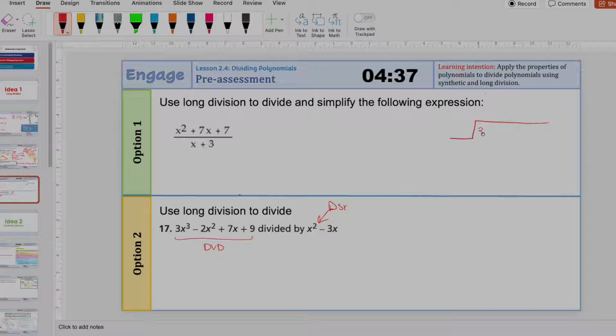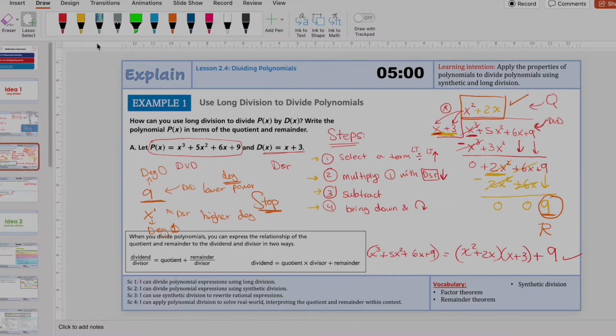Write down your dividend: minus 2x squared plus 7x plus 9 divided by x squared minus 3x, and then start dividing. Remember, step number 1, I'm just going to take the steps with me.